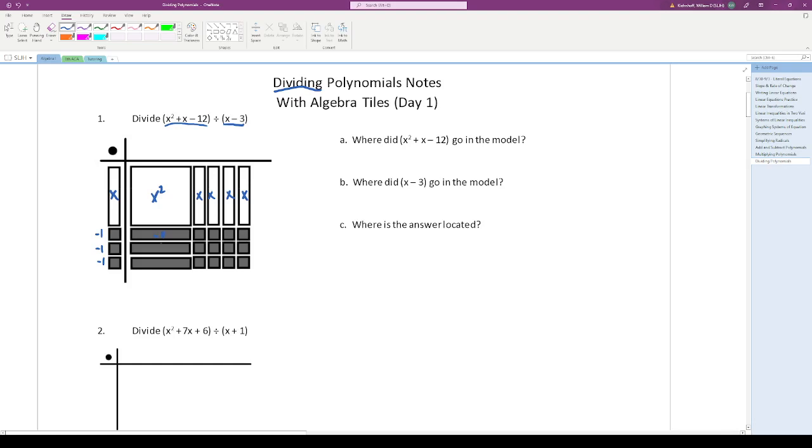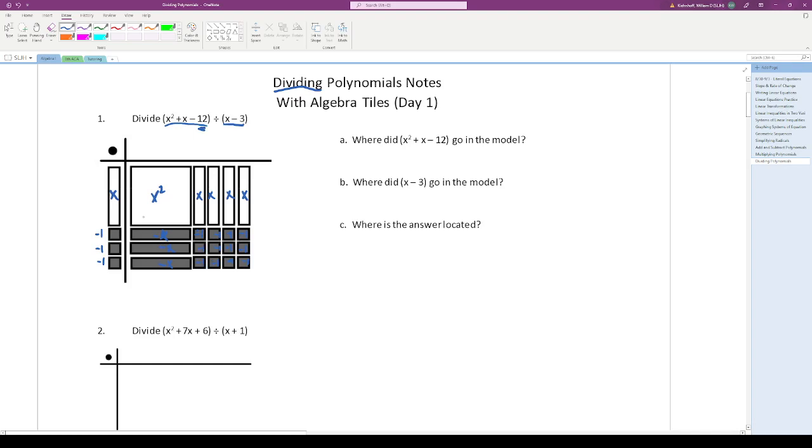We have 3 negative x's, and that gives us a net of plus x that we see here. And we have 12 negative 1s. So altogether, these give us our -12 that we see here.